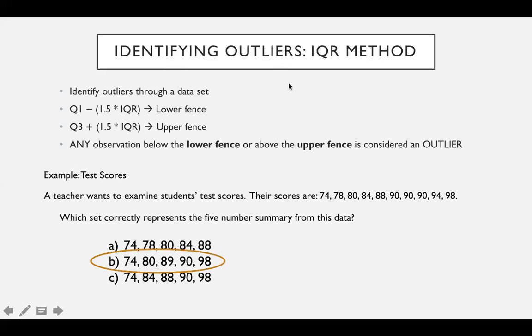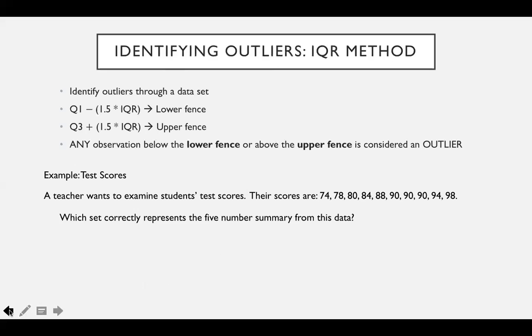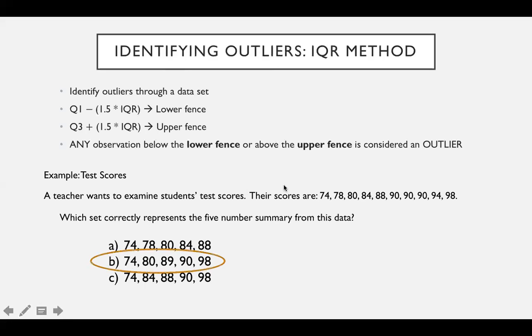So if you remember the 5-number summary, the first number is the minimum, second number is Q1, third number is the median, fourth number is Q3, and the last number is the maximum. So first of all, I think the easiest are the minimum and the maximum, and once you have the numbers in order, you just find the lowest number and the highest number, and that should be on each end.